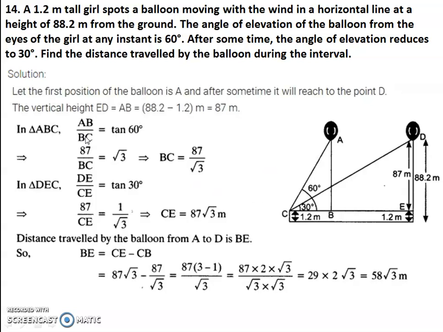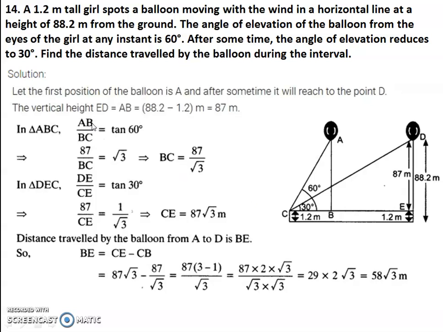In triangle ABC, here the angle is 60 degree. Now we are calculating tan 60 degree. What is tan theta? Tan theta is equal to opposite side by adjacent side. So tan 60 is equal to AB by BC.